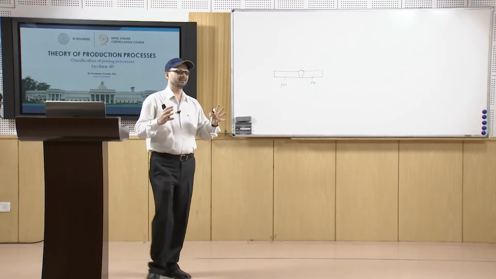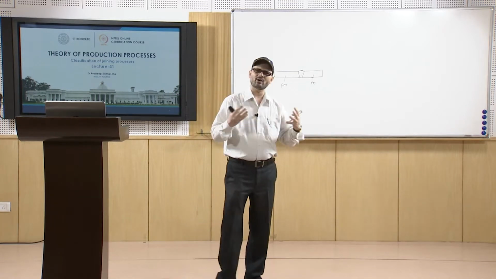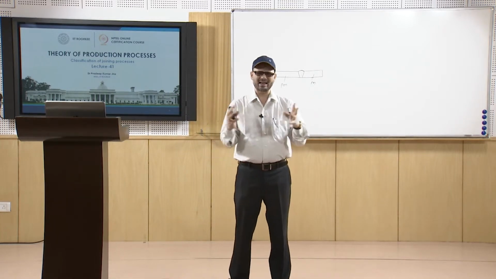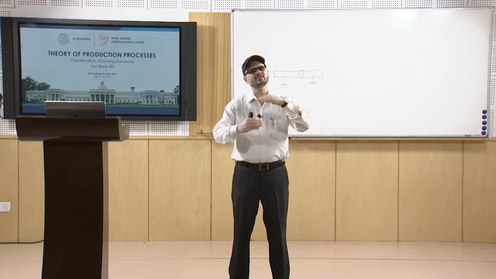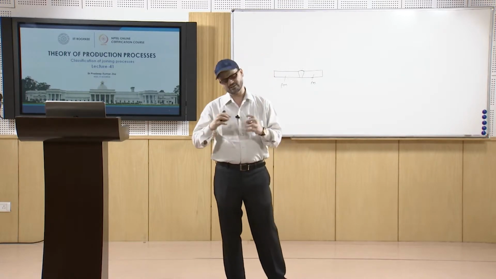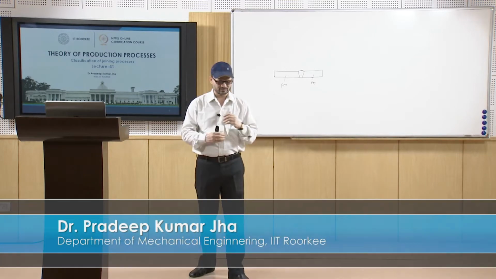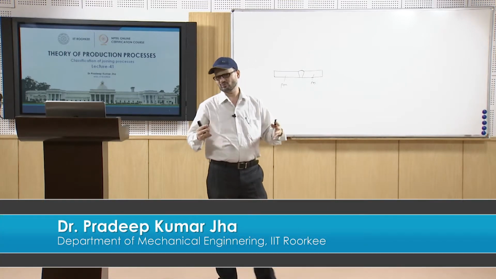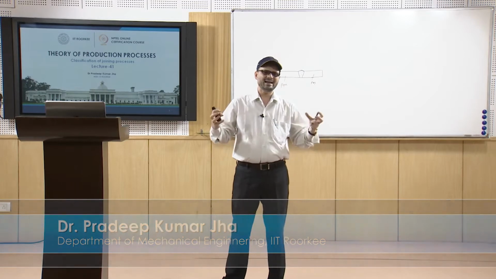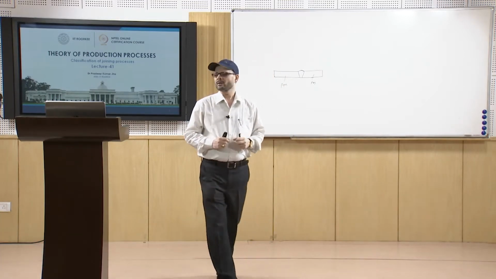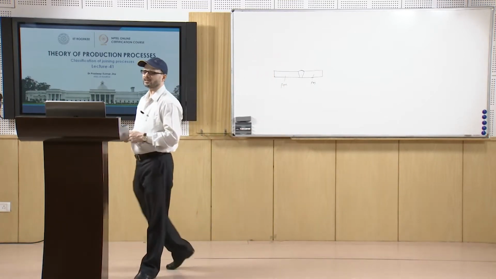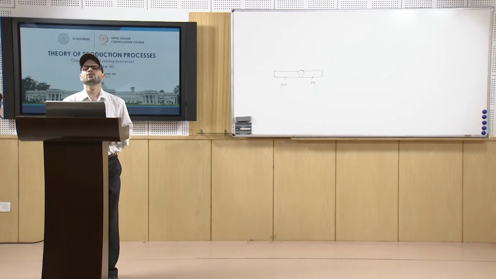The material appears to be in solid state while joining, and below the melting point something happens because of the rubbing action or because of diffusion or whatever it be, and then the joining takes place.